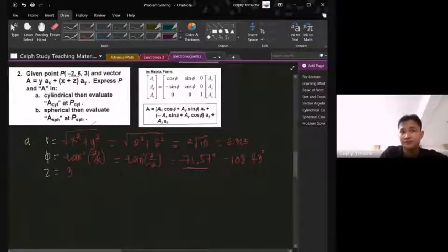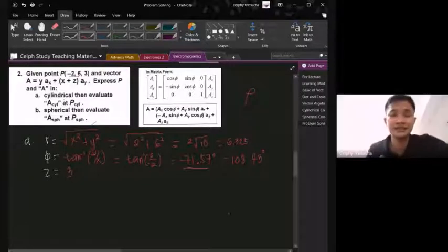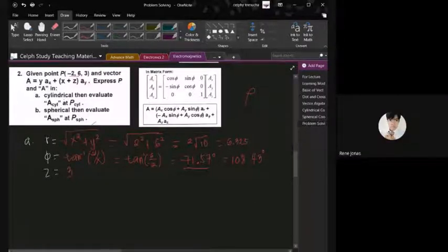Basi ma-confuse ka sa iban nga mga discussions or sa iban nga mga libro, ang ginagamit nila is indi r, kundi gagamit sila sang symbol nga rho. Basi nakita mo sa mga discussion sa internet ang letter P, daw letter P, pero rho.